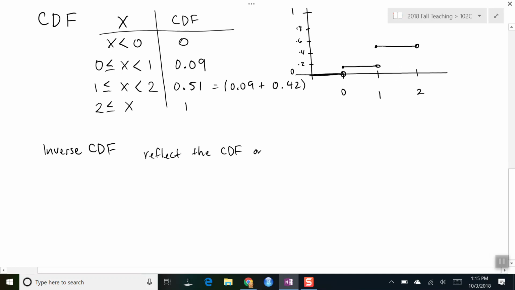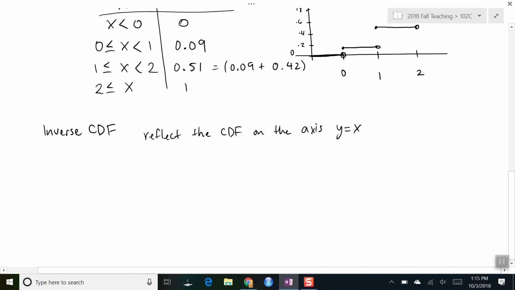If I reflect the CDF around the line y equals x, what would I get? I would have this, something like that.